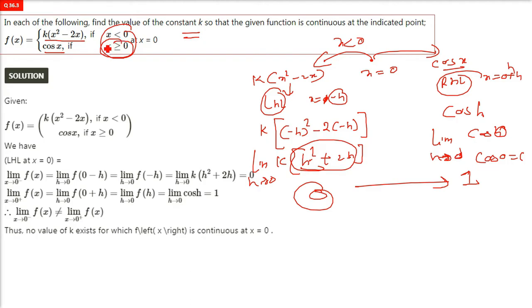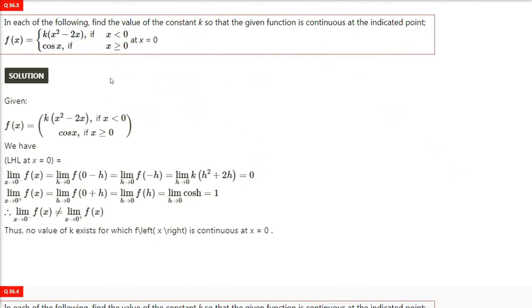So this function, because the question is to find the value of constant k for this to be continuous, but it is not continuous. If you try the direct limit here also, you won't get the answer. That's why it has to be done like this.